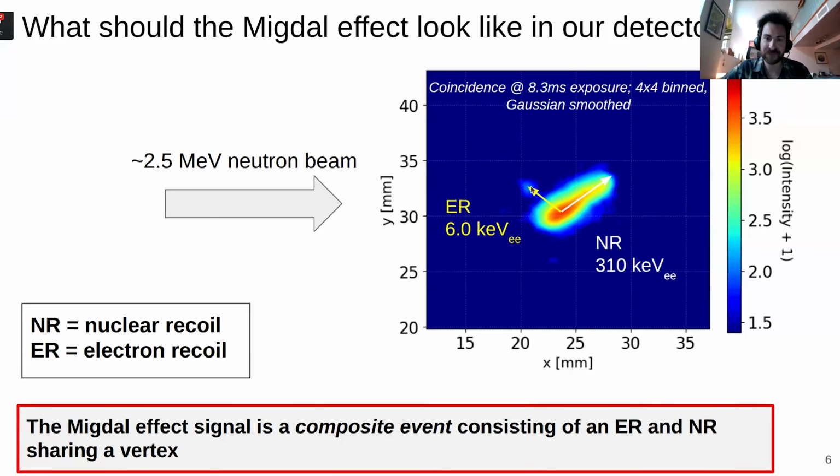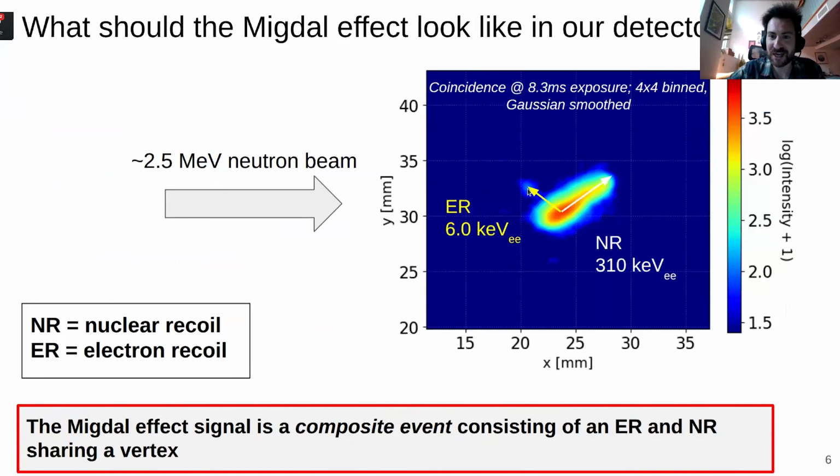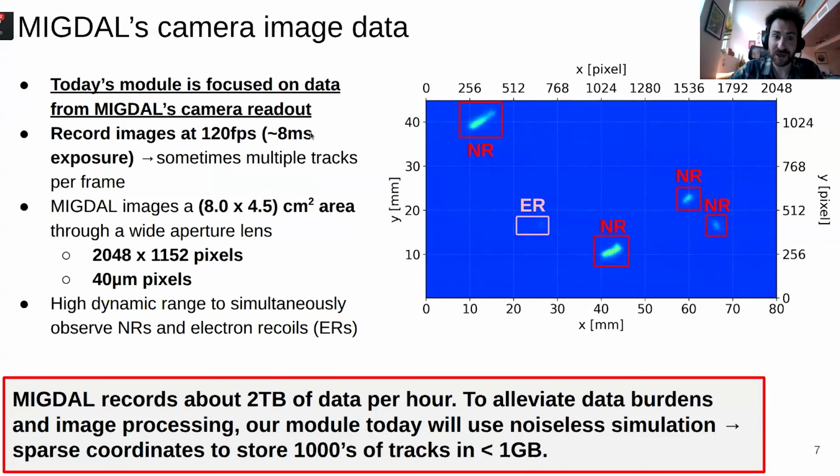Just to say a bit about our camera image data, to give you a little bit of context. We record images at 120 frames per second, which is about an 8 millisecond exposure, which for the purpose of finding the instantaneous emission of an electron relative to a nuclear scattering event, is actually pretty slow.